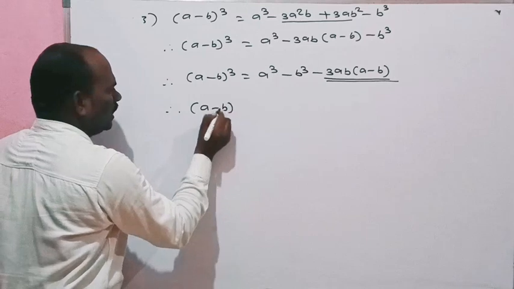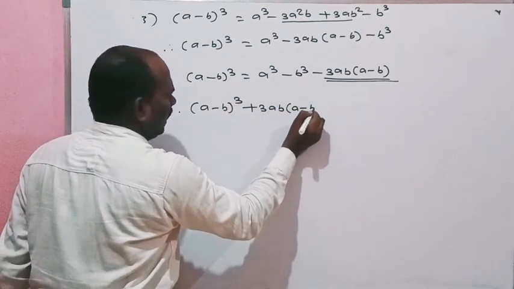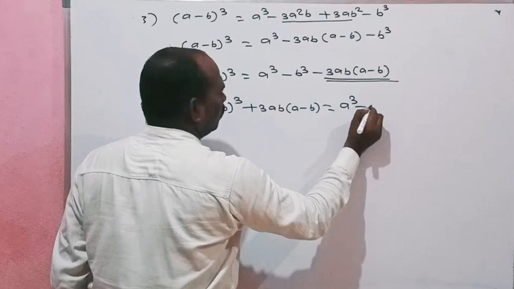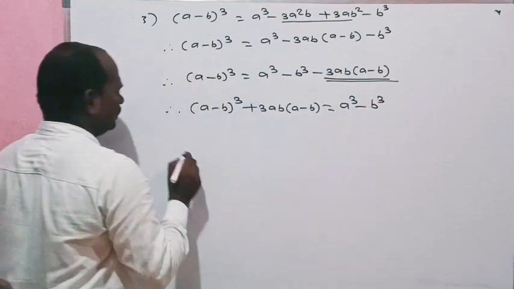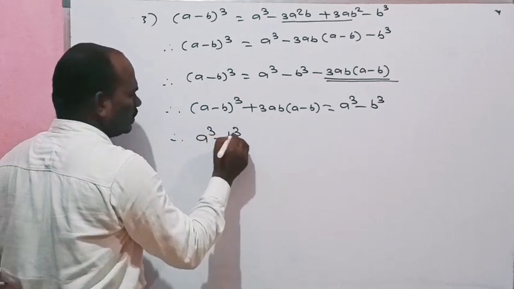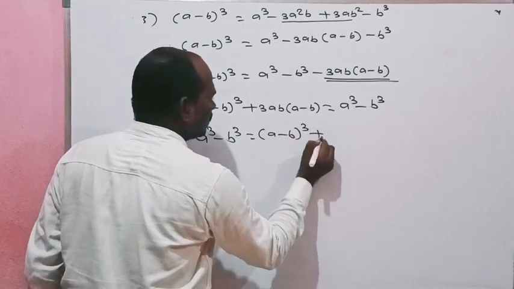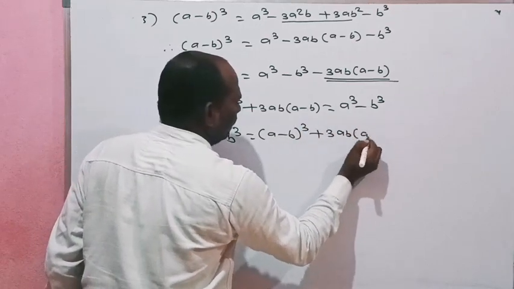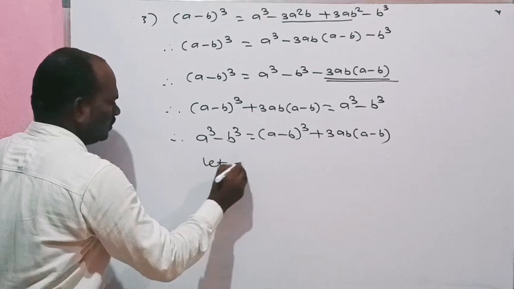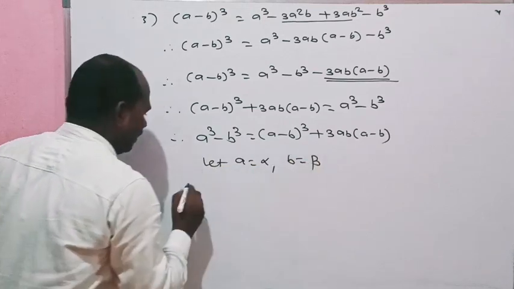Now a minus b its cube plus 3ab bracket a minus b is equal to a cube minus b cube. Now the simple formula is a cube minus b cube equal to a minus b its cube plus 3ab bracket a minus b. Now we can replace, let a equal to alpha and b equal to beta.